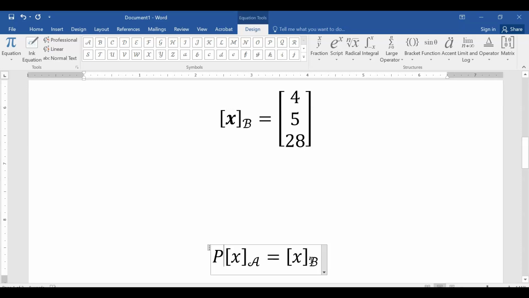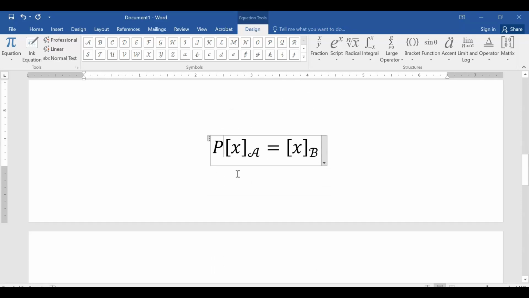I could row reduce and solve the equation. A little bit faster method, however, is just to multiply times P inverse on both sides.